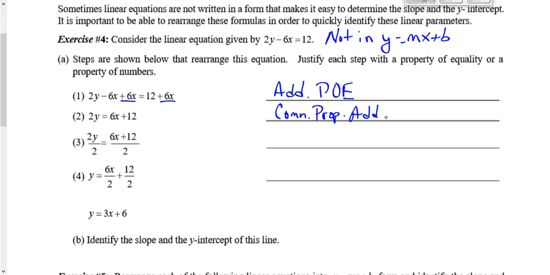Now what are they doing to both sides to get the y by itself? Dividing by 2. What property? Multiplication. What? You did it to both sides, right? Property of equality? Yeah. But wait, they divided. It's the opposite. It's the same as multiplying by the reciprocal, right?